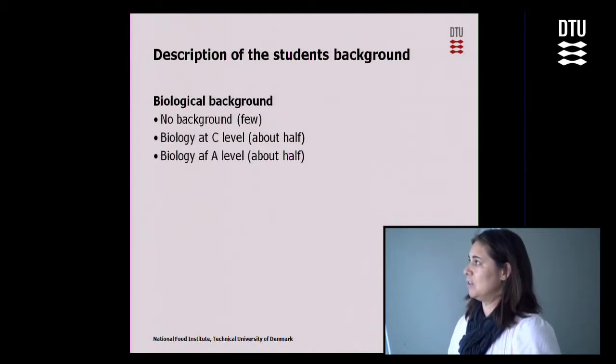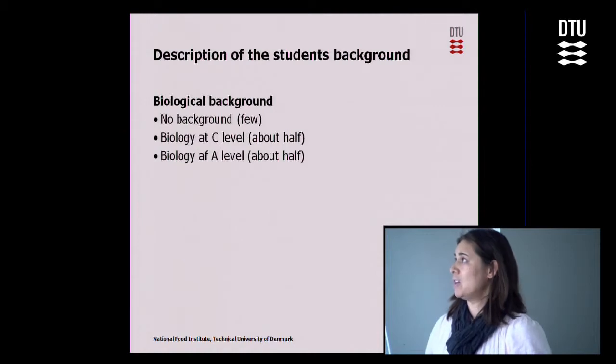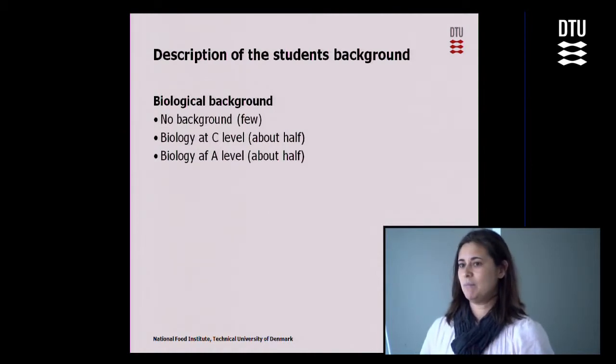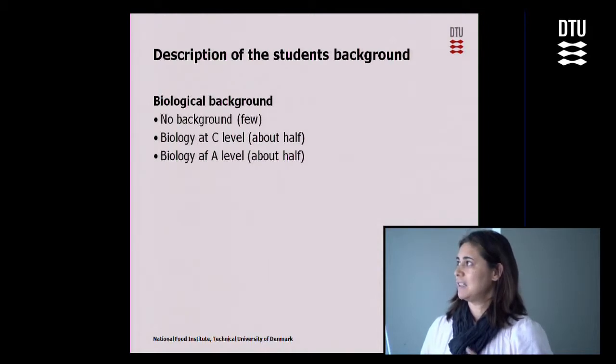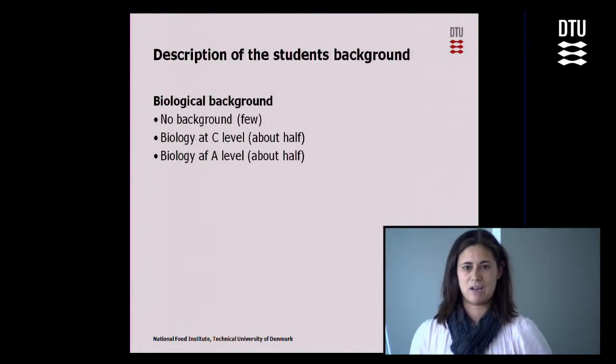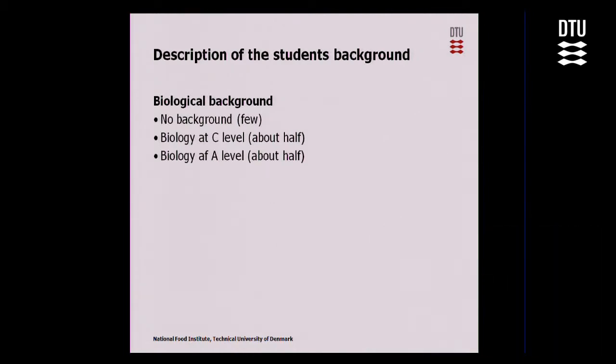And then we have students that have biology at the C level in high school, about half, and about half have the A level. And biological chemistry is a little bit overlapping the A level at high school, which means that half of the students have quite a good background, whereas the other half have not as good a background.